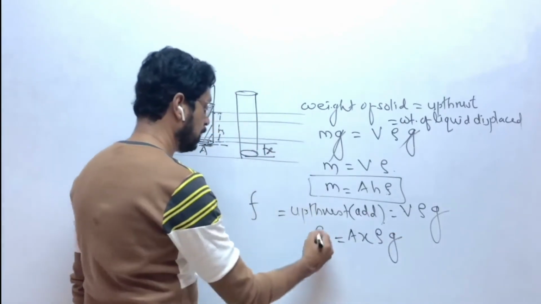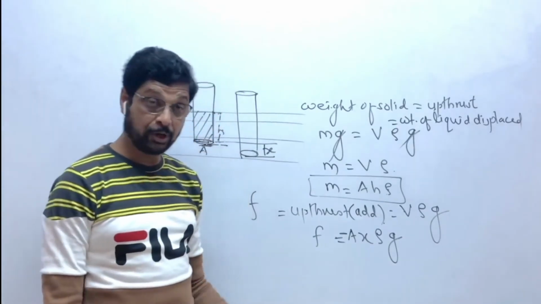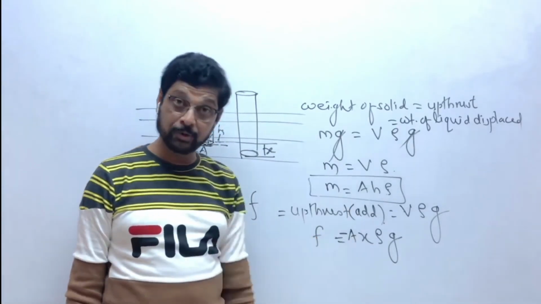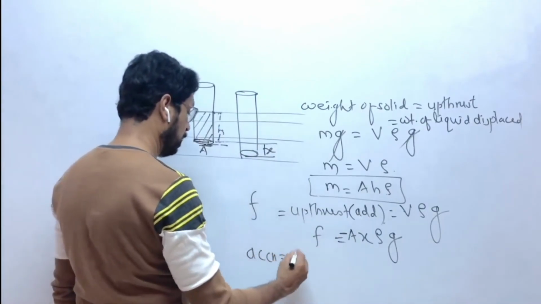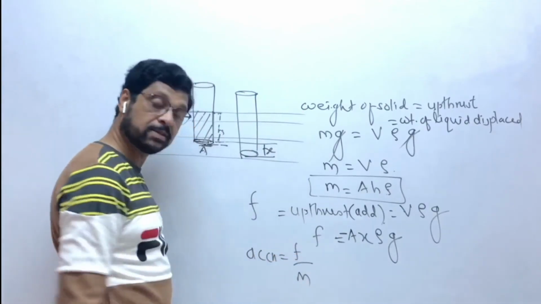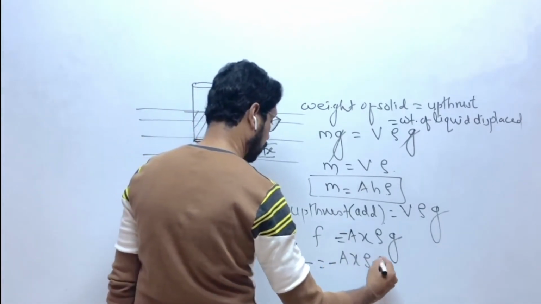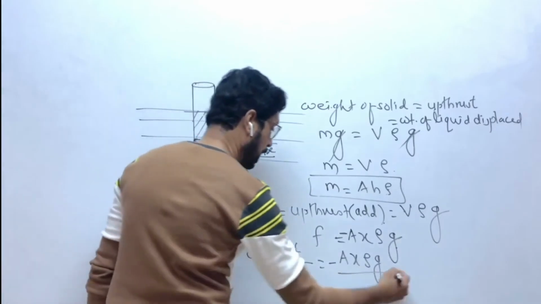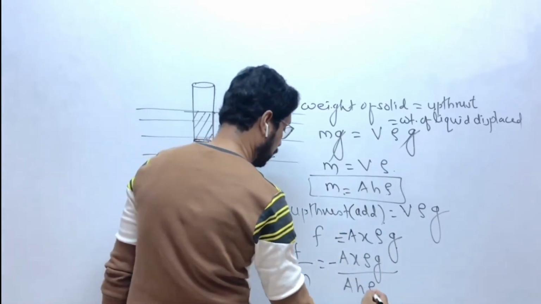This is the restoring force, and of course it will be negative because the restoring force is in the opposite direction. So now acceleration will be force upon mass, which is equal to minus A x rho g upon the mass of the solid, which is A h rho.